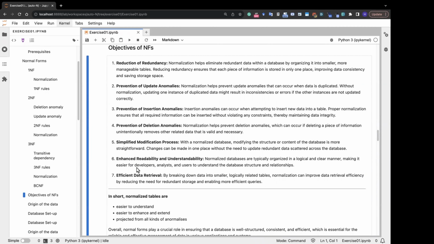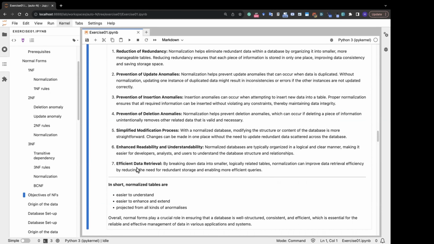We also have an insertion anomaly, I didn't create an example for that. And we want to simplify the update process. In short, normalized tables are easier to understand, easier to enhance and extend, and protected from all kinds of anomalies.